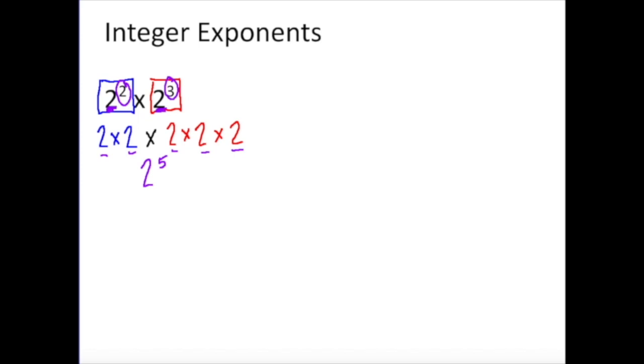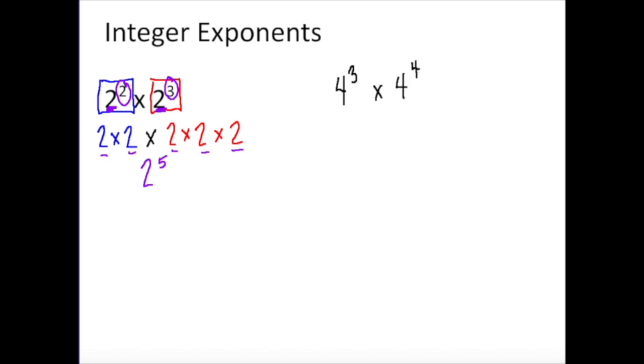So does that work every time? Yes, as long as you are multiplying numbers that have the same base. So let's take a look at another example. Let's do 4 to the third power times 4 to the fourth power.